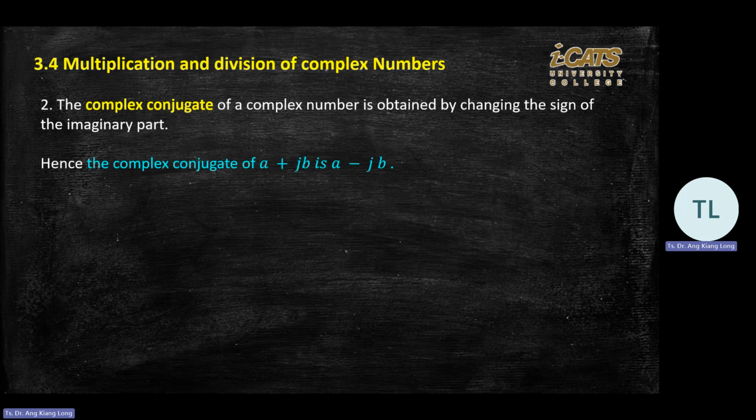Yesterday we also mentioned something called the conjugate. Conjugate means you have a negative sign. So if you have a + jb, the conjugate will be a - jb. It's the opposite of the imaginary part. We are changing the imaginary part, not the real part.